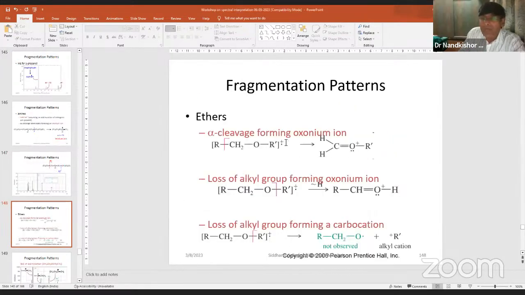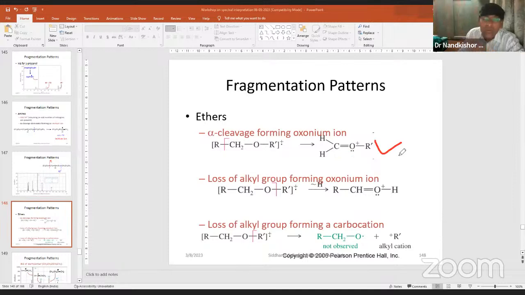Now, if we have ether as a molecule, particularly the ether normally shows cleavage. No doubt this will be the molecular ion peak, but this molecular ion peak will undergo alpha cleavage, forming again the oxonium ion, because in most cases the positive charge and dot will be on this oxygen. And when the alkyl group is cleaved, it will go out as a radical, and this will form a double bond over here, and that will form the oxonium, which is a choice for ether as well as alcohol.